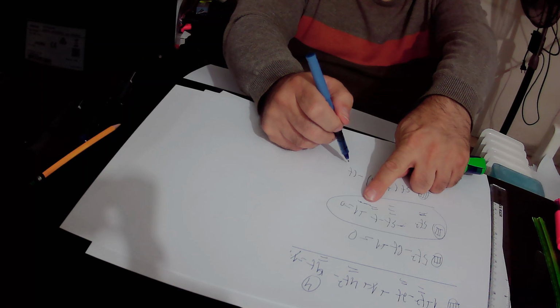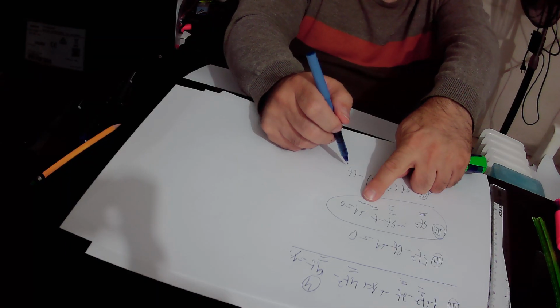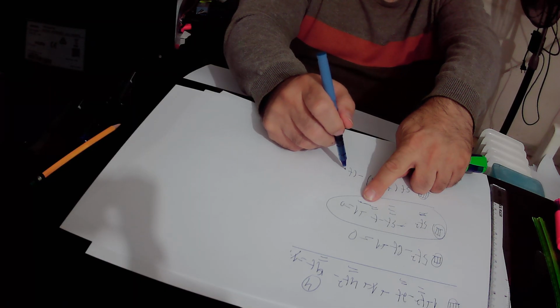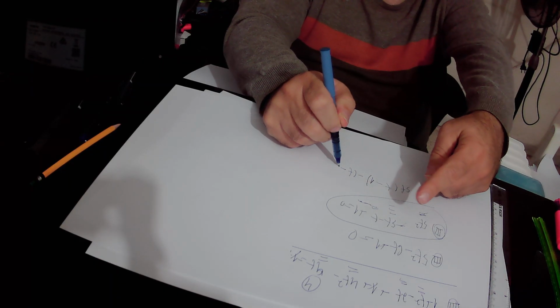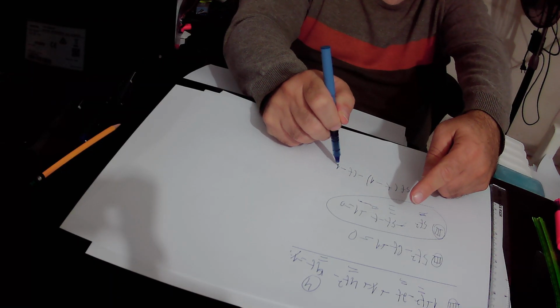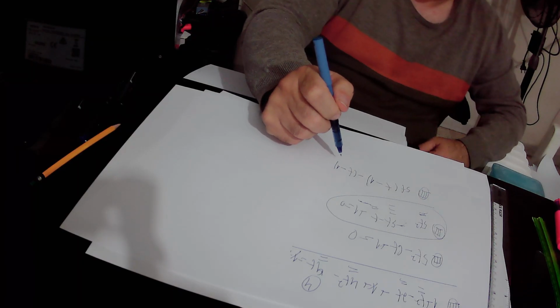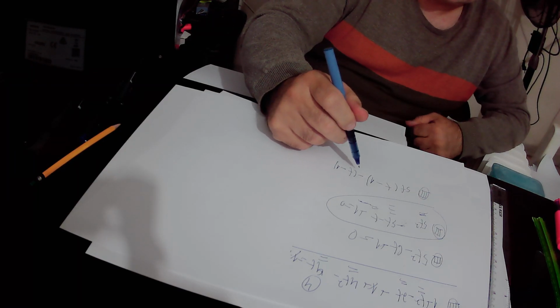We will also take out a common factor from 1. So what is left from 1 after we took from it minus 1 as a common factor? What is left is actually minus 1. So we took out minus 1 as a common factor.